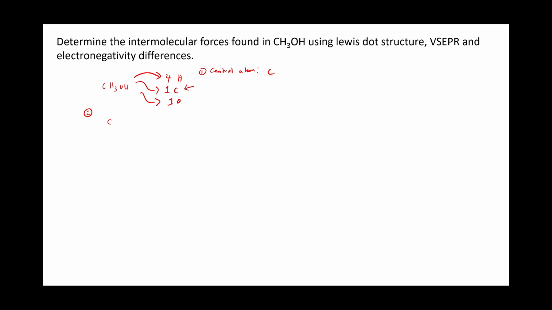And what we're going to do here is figure out a few parameters, such as the valence electrons as well as the total electrons each species needs to form a stable octet. So we have carbon here, we have 4 hydrogens, and I draw out the valence electrons for each of them. And there is 1 oxygen, right? And I'm going to also write down the electronegativity values that we're going to be using later.